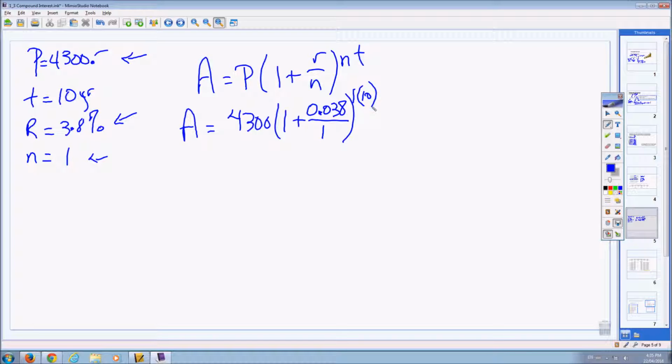So we've plugged everything in, and now you can go to the calculator. I'll do one more step of simplification, and then the calculator takes over. 4,300 times 0.038 over 1 is still 0.038 plus 1, and our power 1 times 10 to the 10, and now grab your calculator.